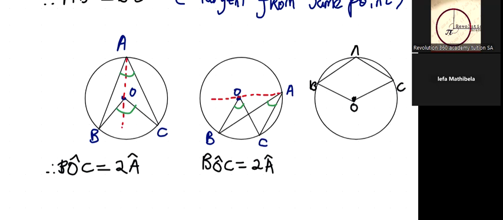So it's still the angle at the center, which is this one, is 2 times angle A. So you must remember that angle BOC equals 2 times angle A. So all of this represents what we call theorem number 2.